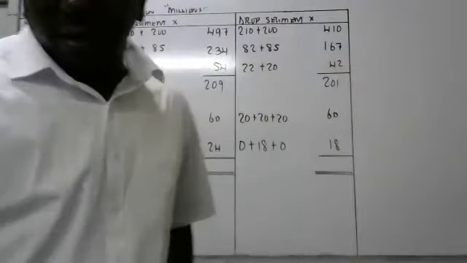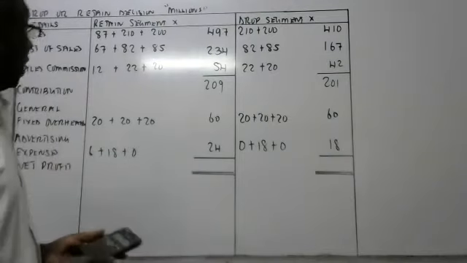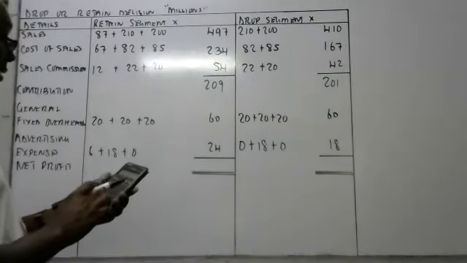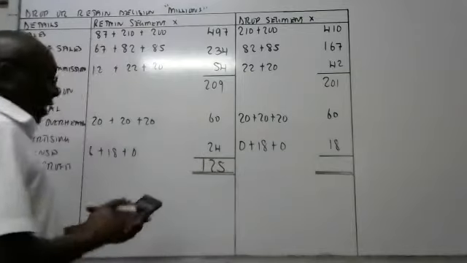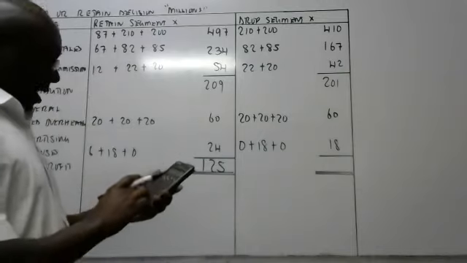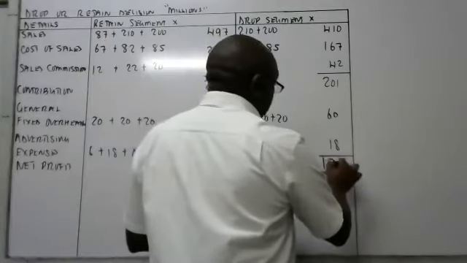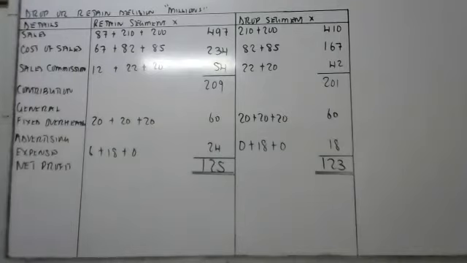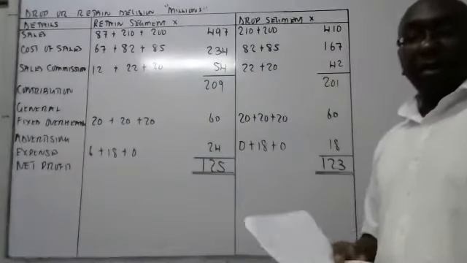Uh-huh. 271. You're supposed to subtract. 209 minus 60 minus 24. This one is 125. And for the other one, 201 minus 60 minus 18. 123. Yes, Simon, 123. Good. $123.